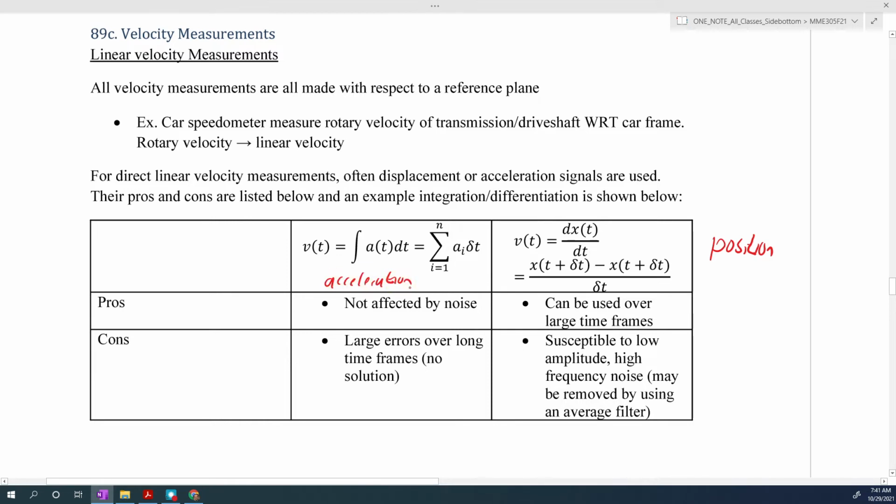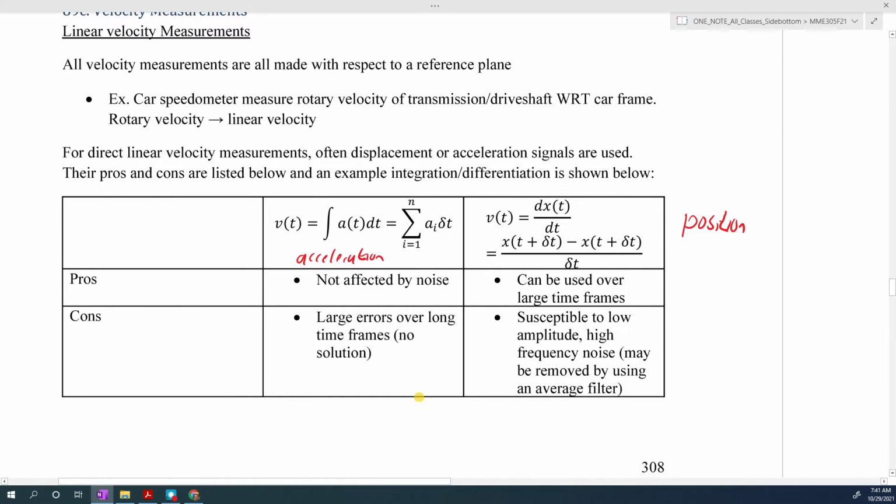Typically, positions are good if you're interested in measuring the velocity over larger time frames, while accelerations have large errors associated with those. But over short time frames, they're very good, and they're not affected by noise.